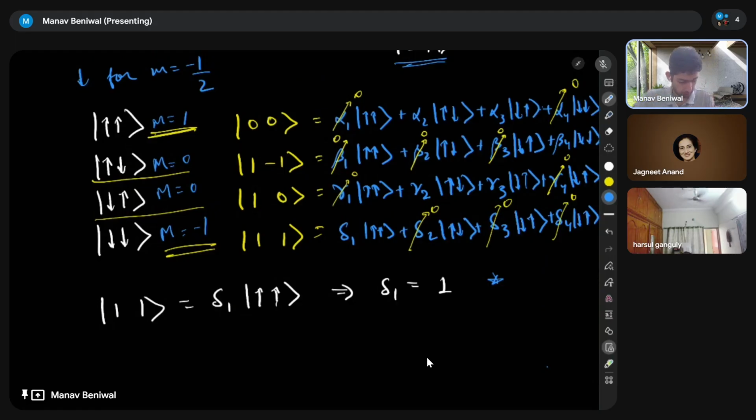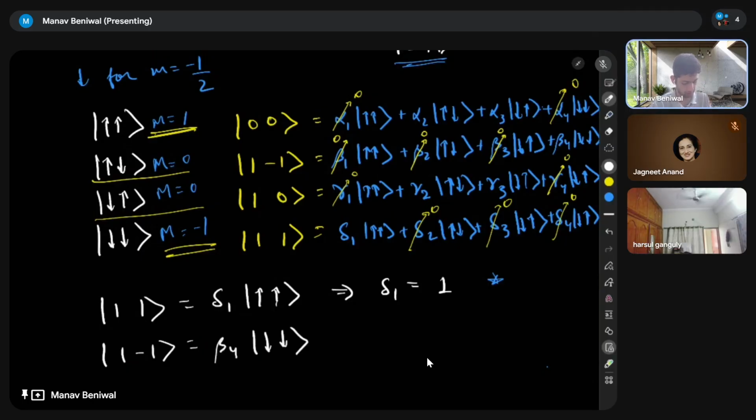Now for the 0 state, again I can write, no, not 0 but 1 minus 1, sorry, the 1 minus 1 state. This is the minimum weight state. So again here it was beta, down down.